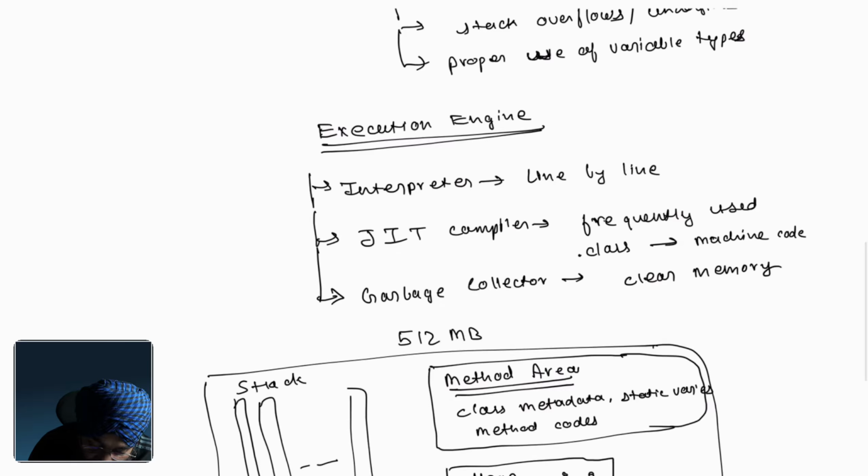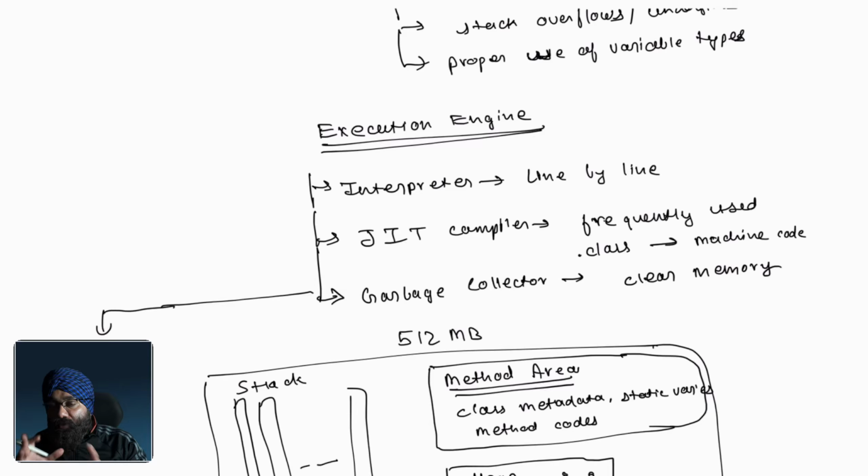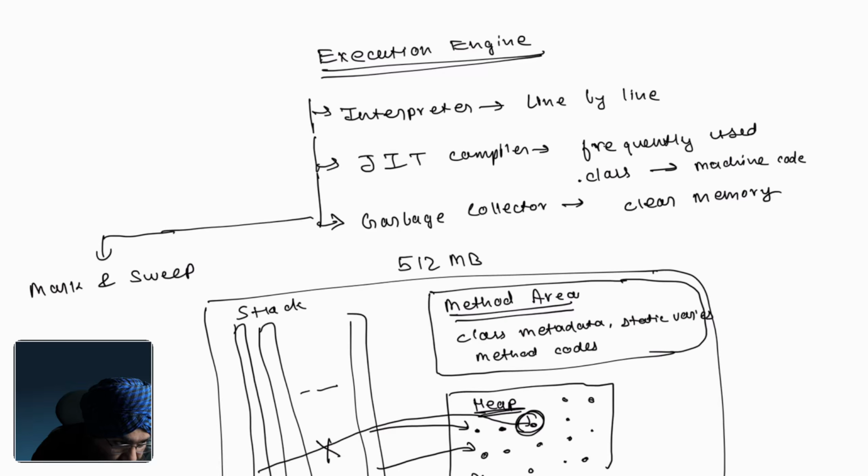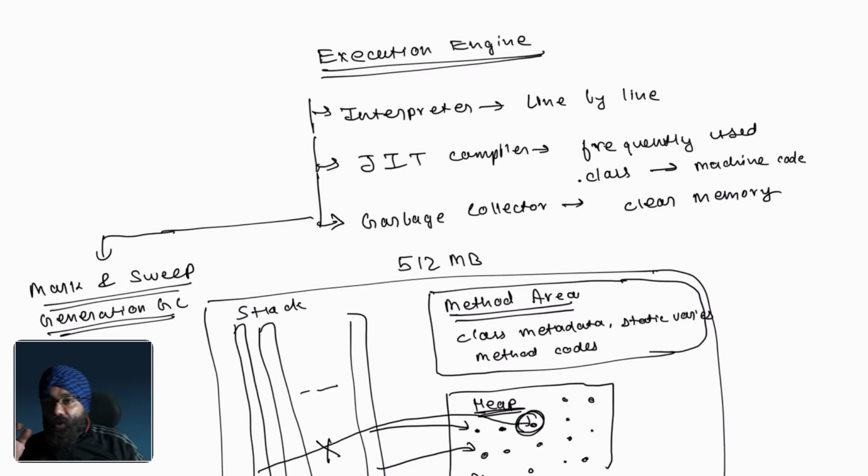So when the garbage collector runs in Java, it has many algorithms to collect the eligible objects and destroy them. Okay, so the common algorithms are mark and sweep and generational garbage collection. These are the two most common algorithms used for collecting eligible objects.